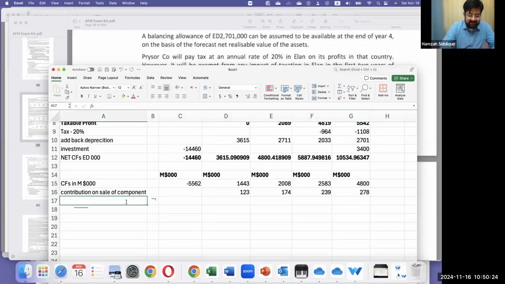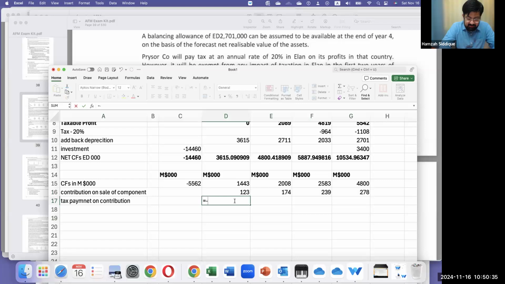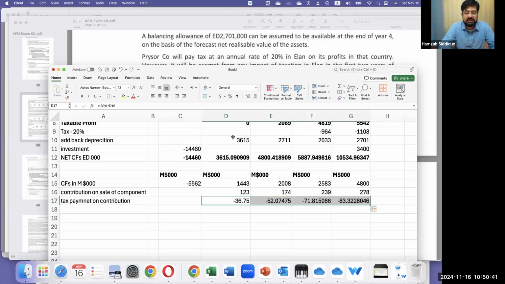Now, tax payment on contribution. That is minus 30% into this. This is the tax payment on contribution.